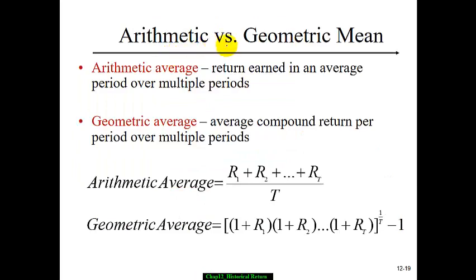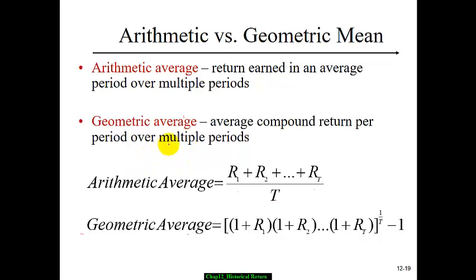A note regarding two types of the average measure. One is the arithmetic average, the other is the geometric average. So how do they differ from each other? The arithmetic average is the simple average we use all the time. Simply add up, divide by the number of periods. Now the geometric average is different.